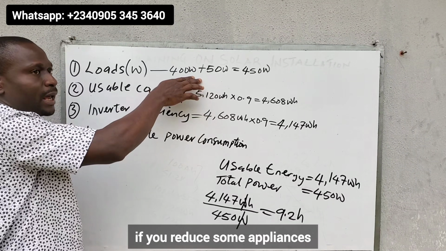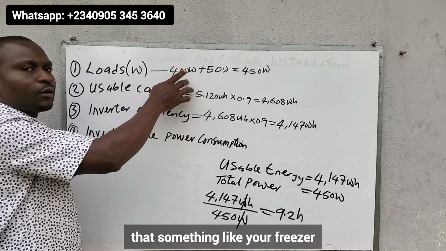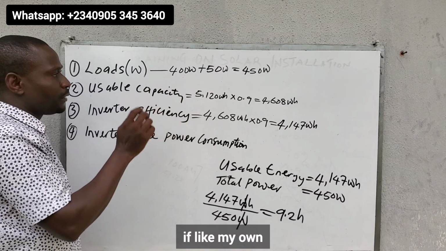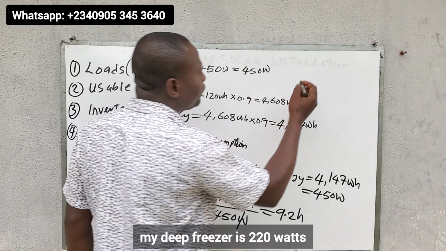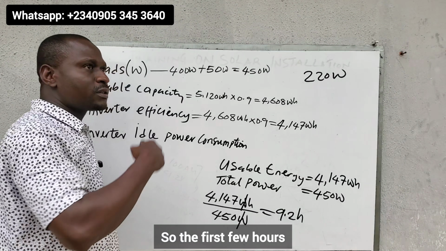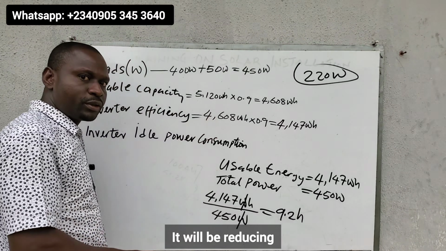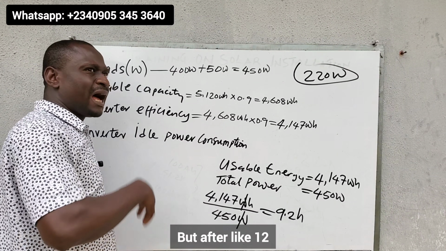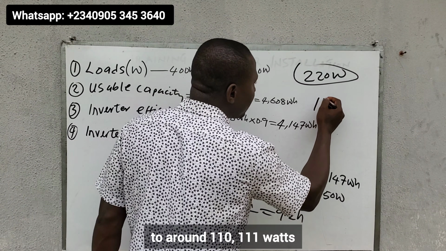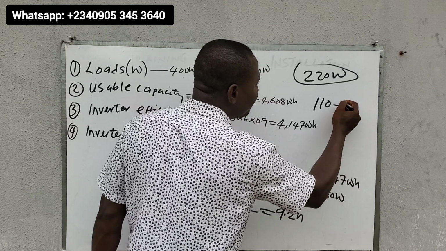But you should know that something like your freezer or deep freezer and your fridge, like my deep freezer is 220 watts. So the first few hours, it will be running on this power. It will be reducing, but not that much. But after like 12, 13 hours, the power consumption will drop to around 110, 111 watts.